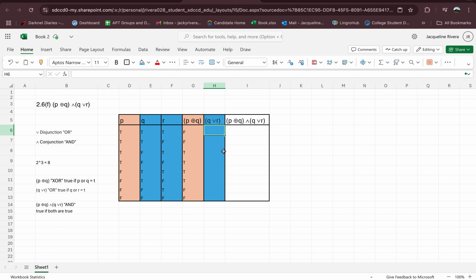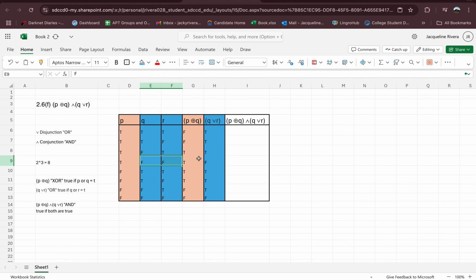Also for this one, it doesn't matter if it's 2 truths, it's still a truth. So it's kind of like the opposite of the P or Q statement. So this one would be true, true, true, false, true, true, true, and false.